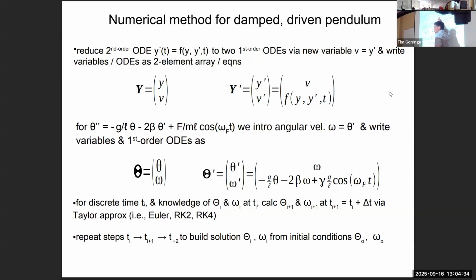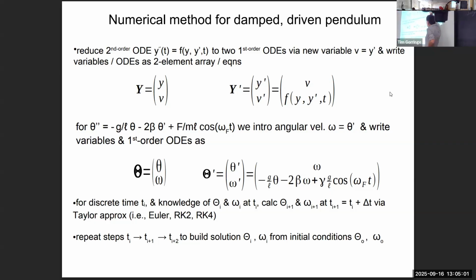And for the differential of the new variable: if y prime is equal to v, then y double prime is equal to v prime. So the differential equation that we wrote equal to y double prime is also equal to v prime.